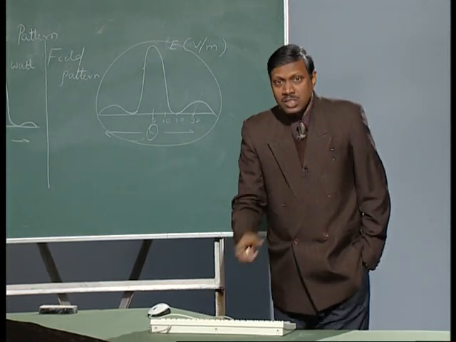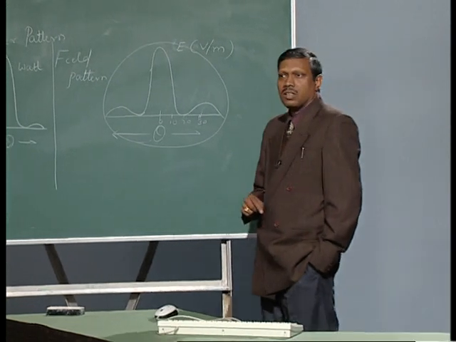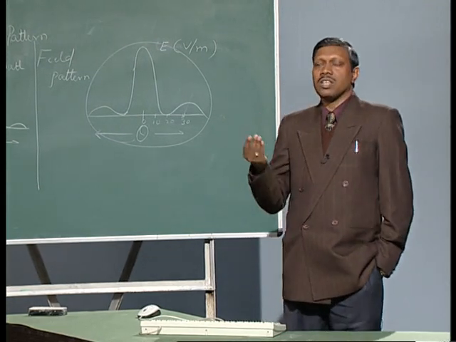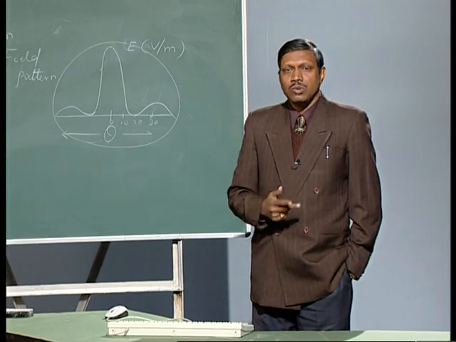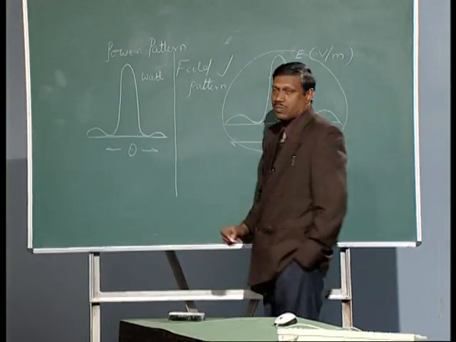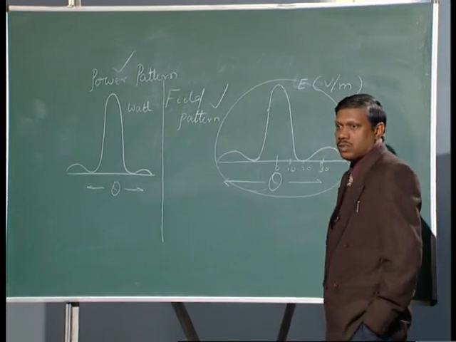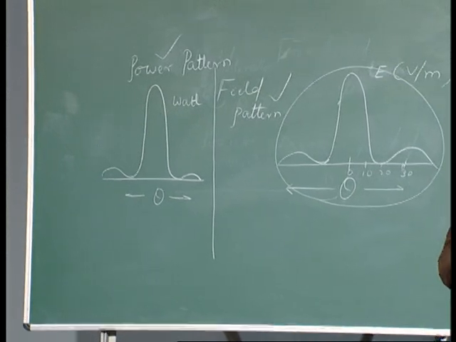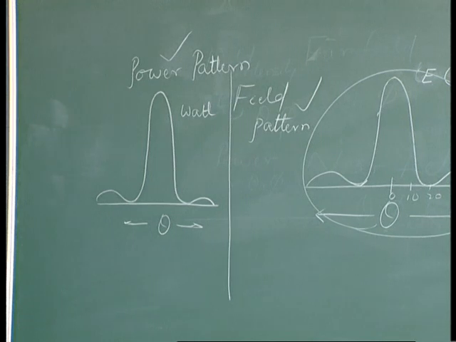So, based on this distribution, the shape is seen. Based on the quantifying factor, whether it is field or power, we classify radiation patterns into two categories. One is called the field pattern, another is called the power pattern. If our measuring device is a field strength meter, then obviously the reading will be in terms of volt per meter or volt per millimeter.